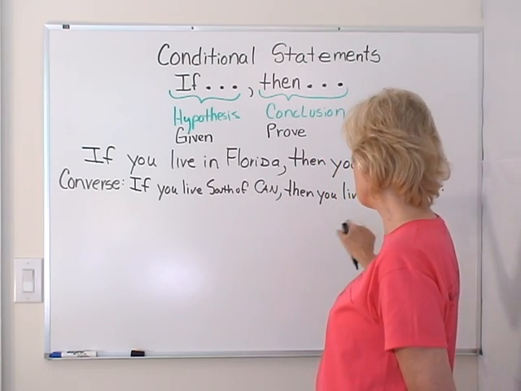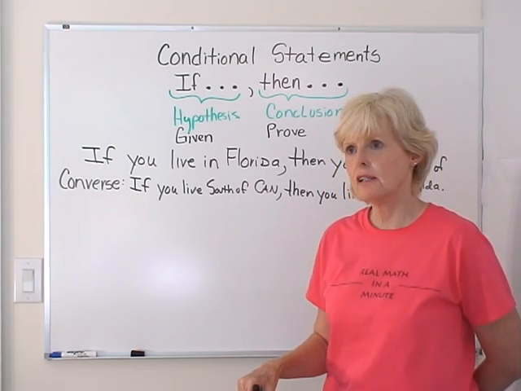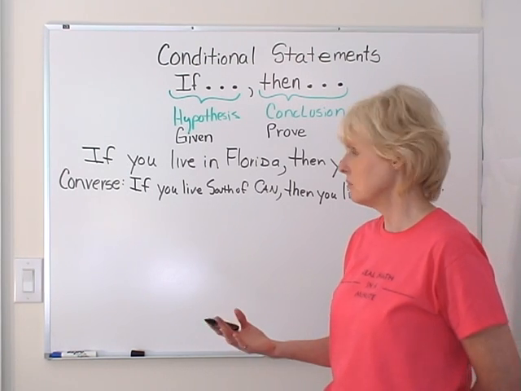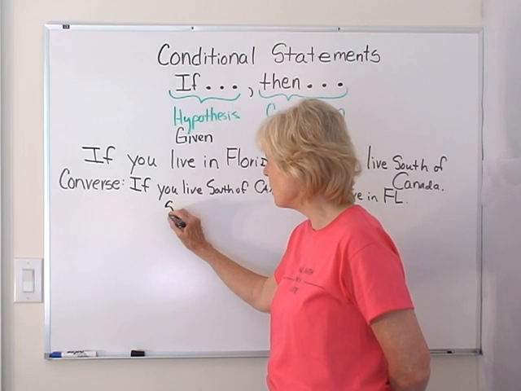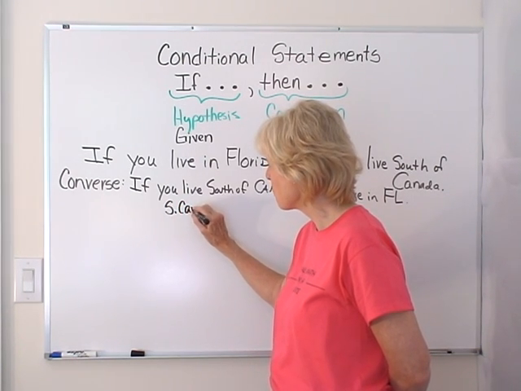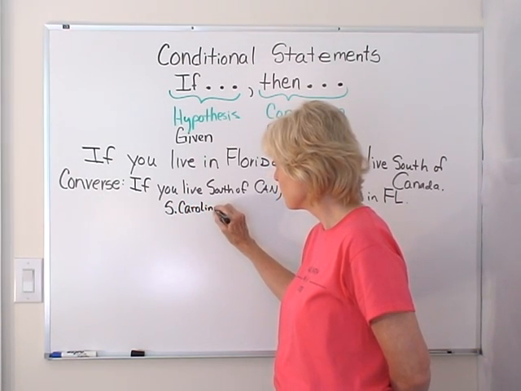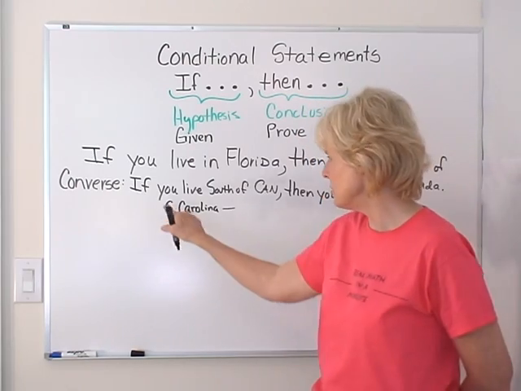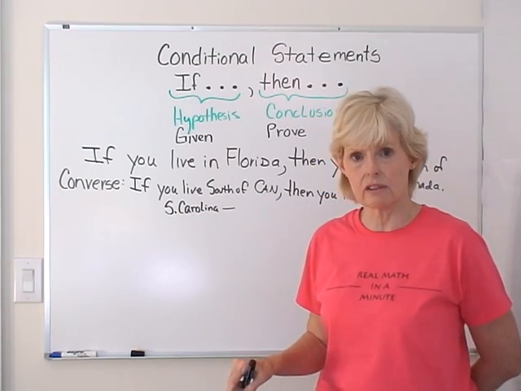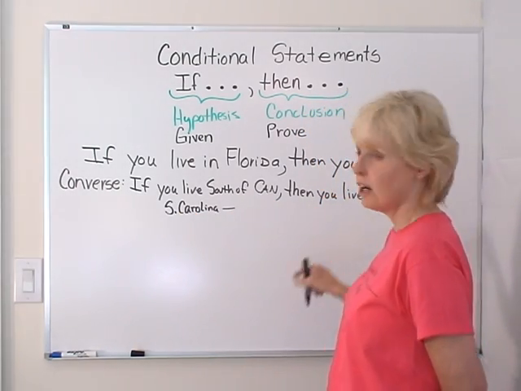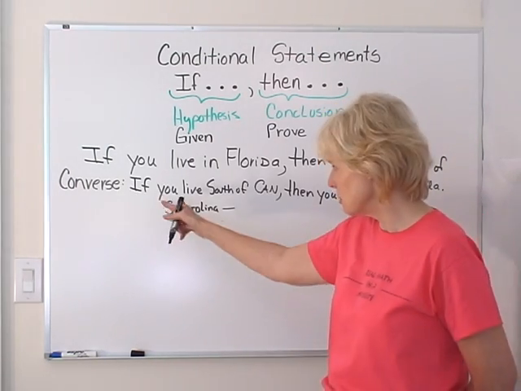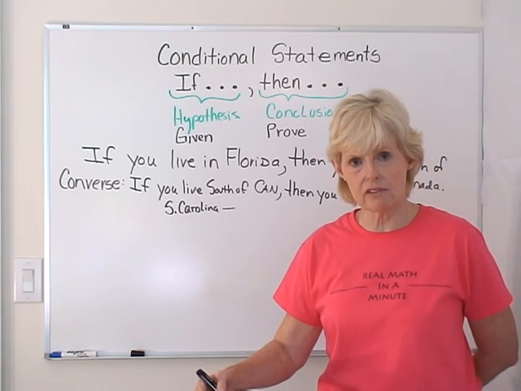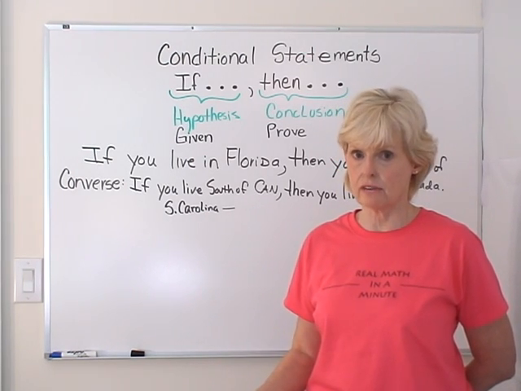If you live south of Canada, you live in Florida, let's say that you live in South Carolina. Well, South Carolina is definitely south of Canada, but it is not in Florida. So this would be an exception. This would be something that would prove that statement is incorrect.